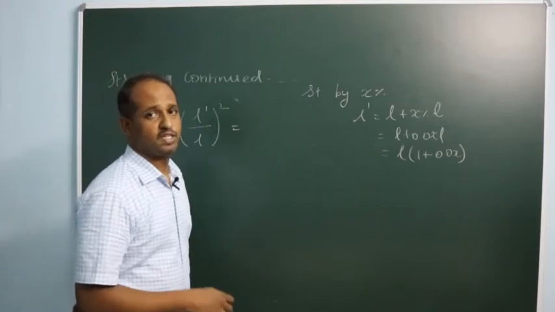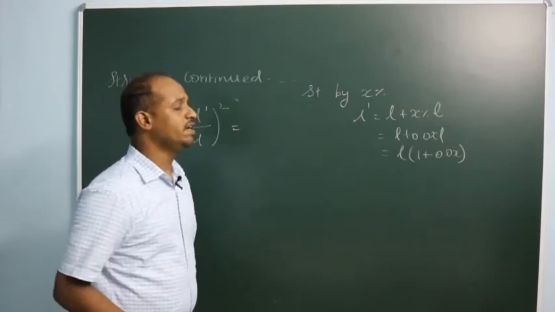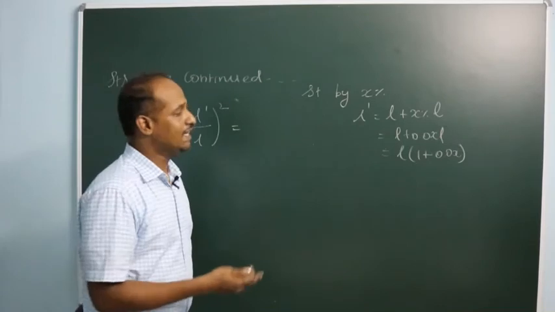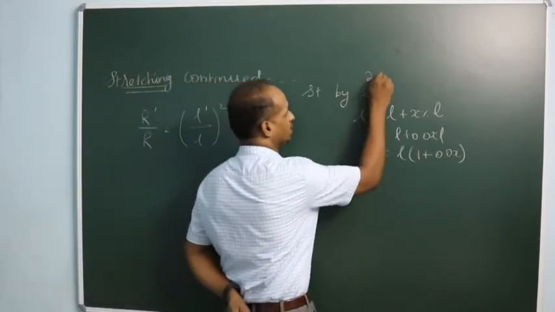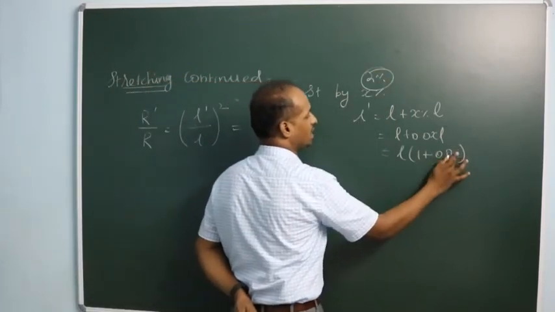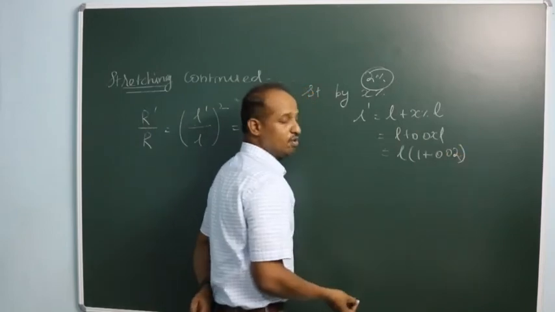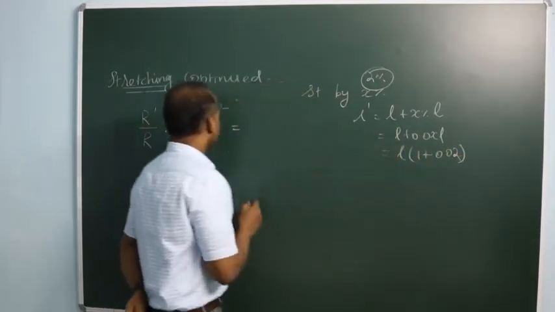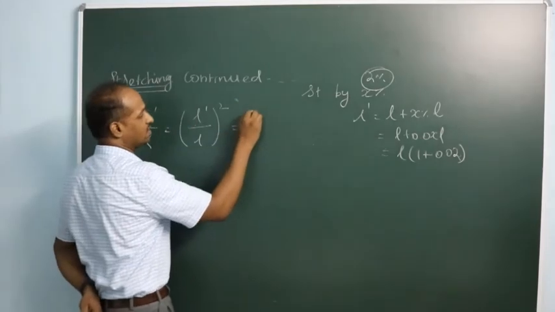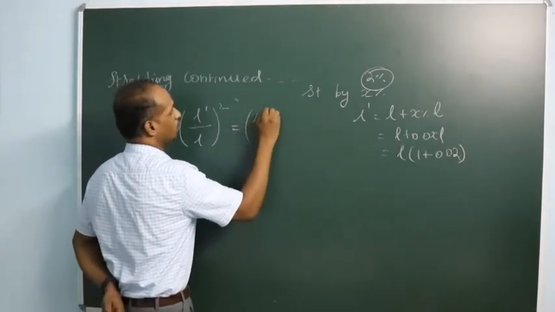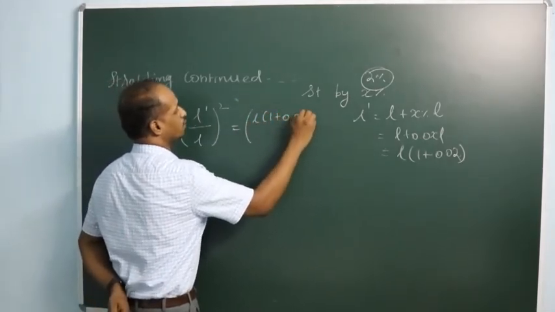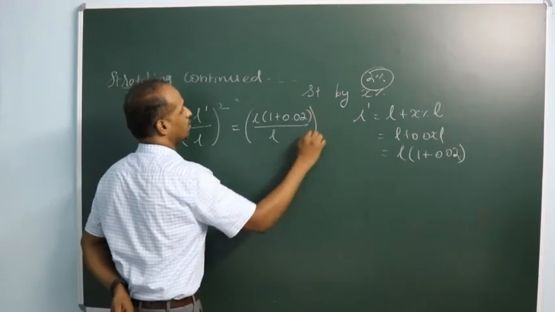Say if it is 2% or 4%, if you put the number, it will be possible for you to easily write it. Suppose 2%. That 2% here would reflect as 1.02. In that case, how you would write here is L into 1 plus 0.02 divided by L, the whole square.